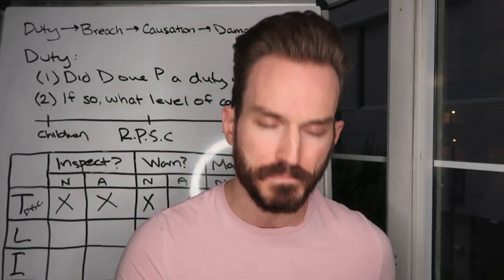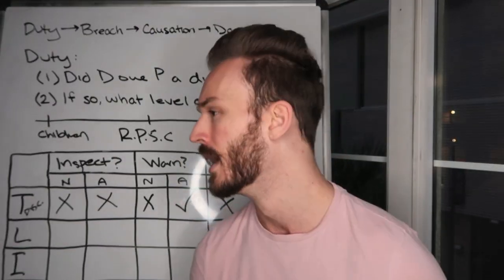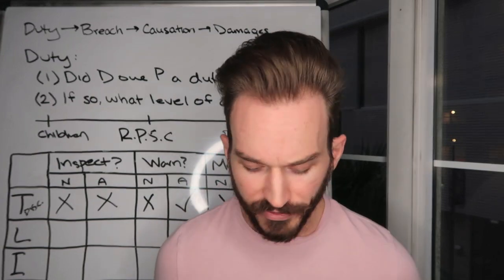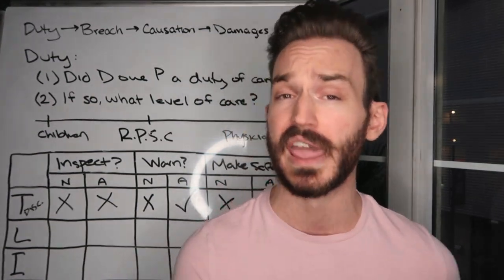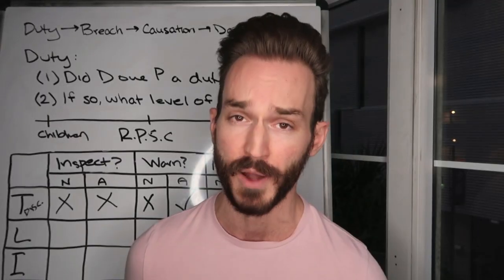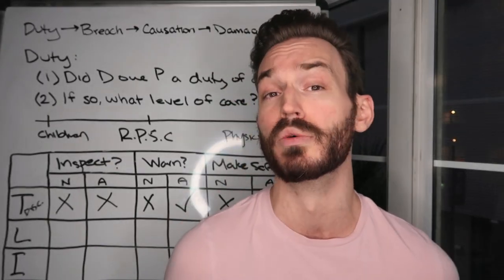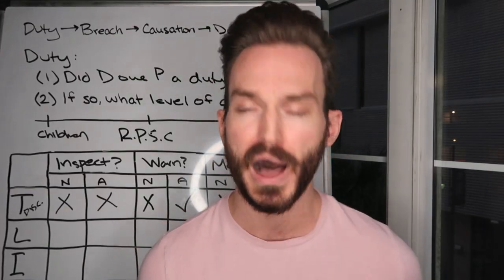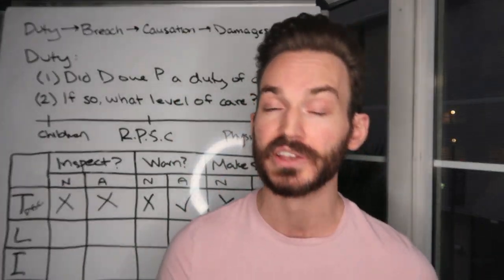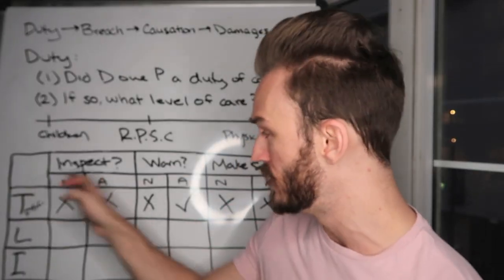It can't be like a puddle on the ground or a little 2-foot hole or something. It's got to be something that could seriously injure the trespasser or kill them. That's what you're going to have a duty to warn against. There's no duty to warn about a puddle on the ground, things that could cause harm, but not serious bodily harm or death. So that's the only note.